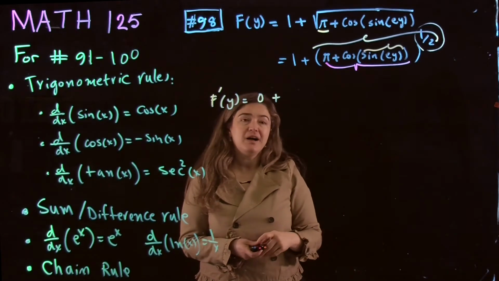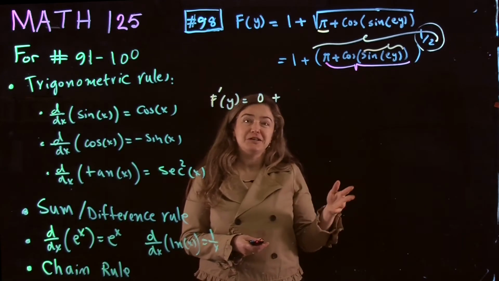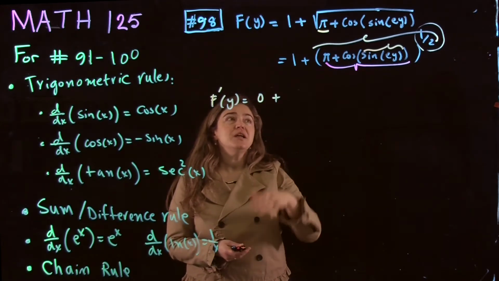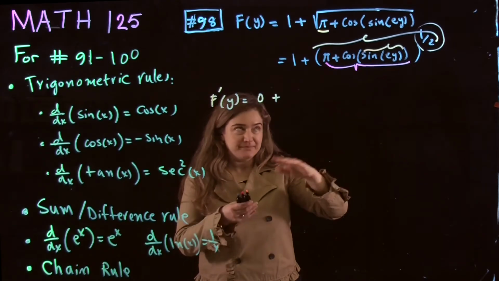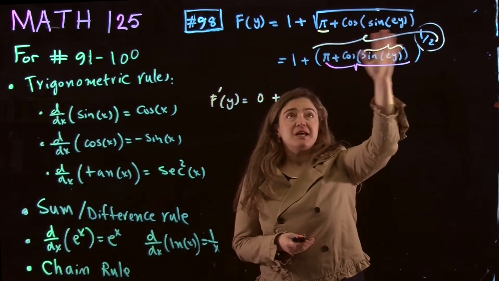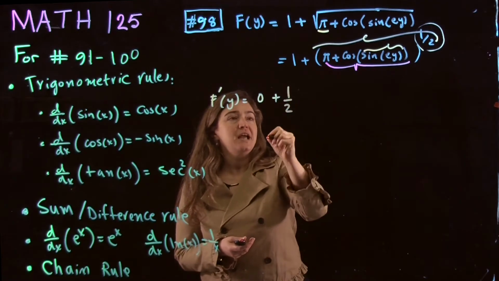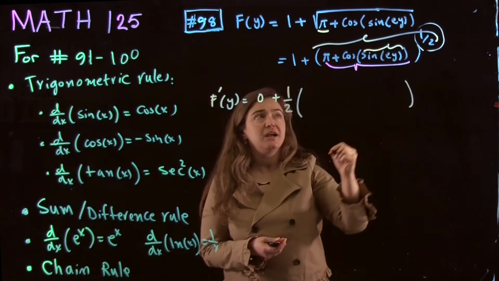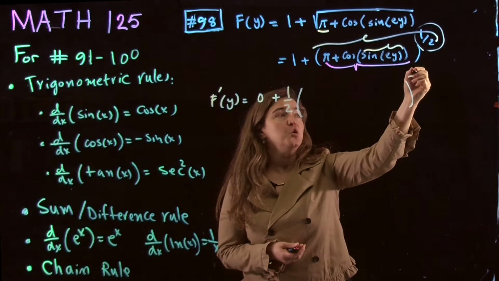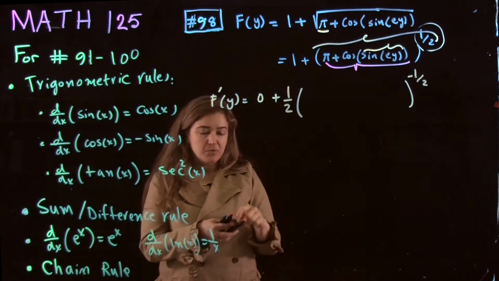That's sine of ey, and then that one has another inside function in it. So let's start peeling the onions. First step, the very outside function. I'm going to go 1/2 to whatever I have to the power 1 less. What do I have inside?